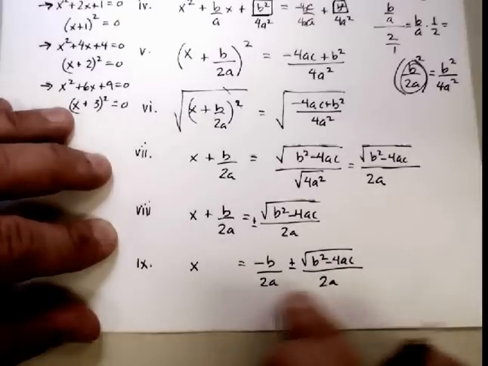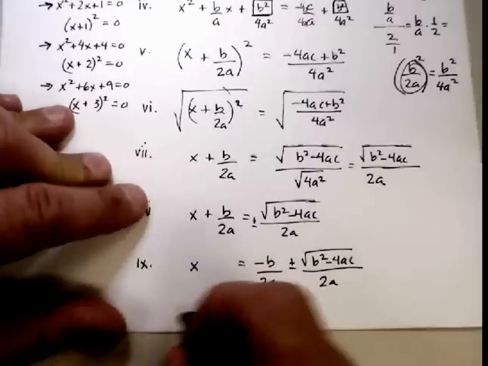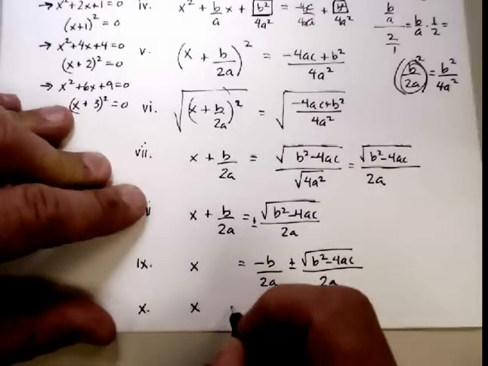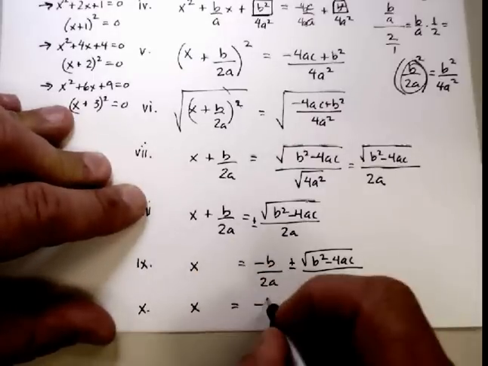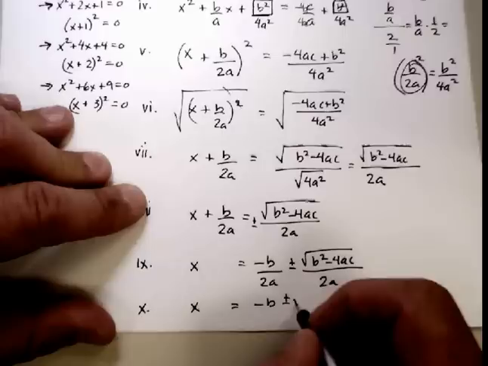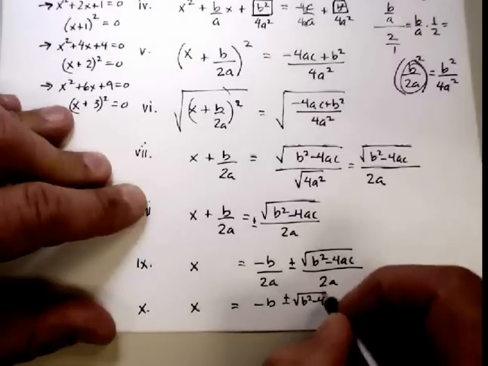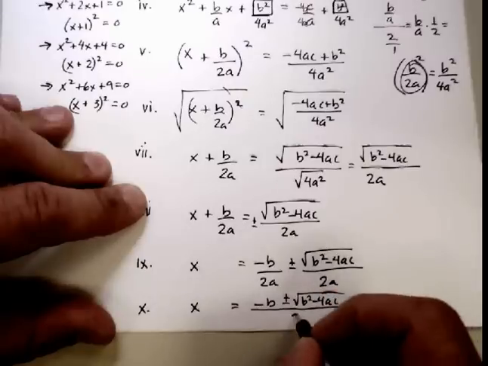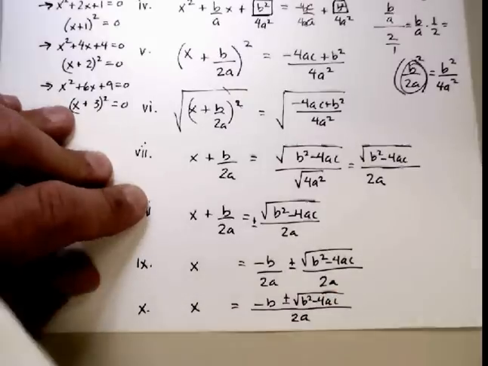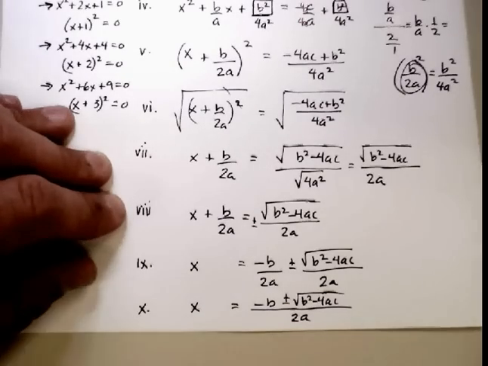And since those are common denominators, in my last step I'm just going to clean it up. X is equal to negative b plus or minus the square root of b squared minus 4ac all over 2a. And there's your answer.